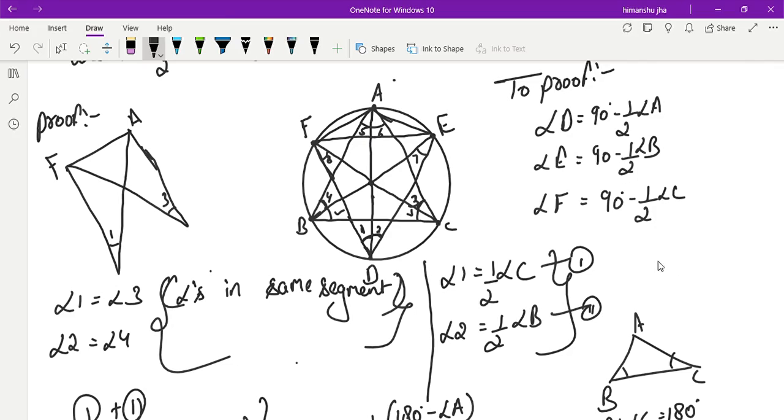And you can directly say that from here angle 5 and 7 are equal. Angle 5 equals angle 7. And angle 6, by angles in the same segment, is equal to angle 8. Now angle 5 and angle 6.